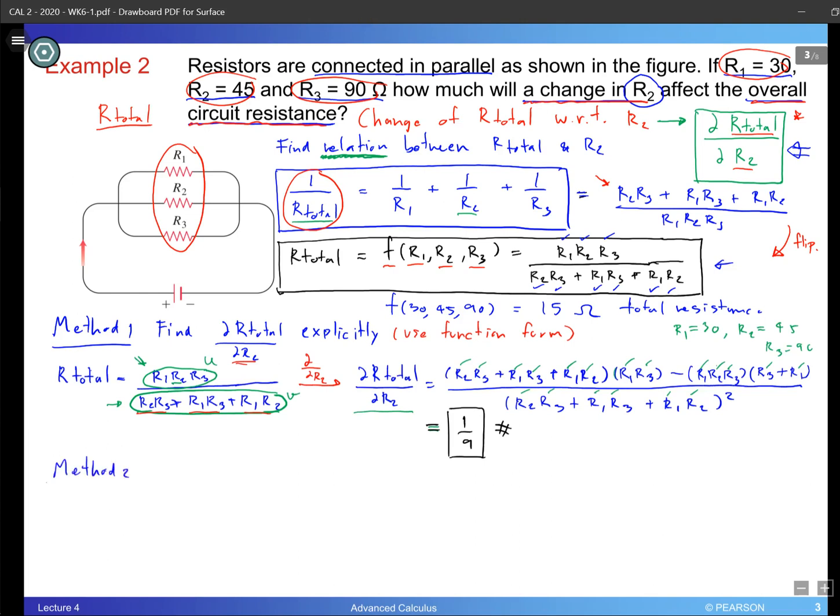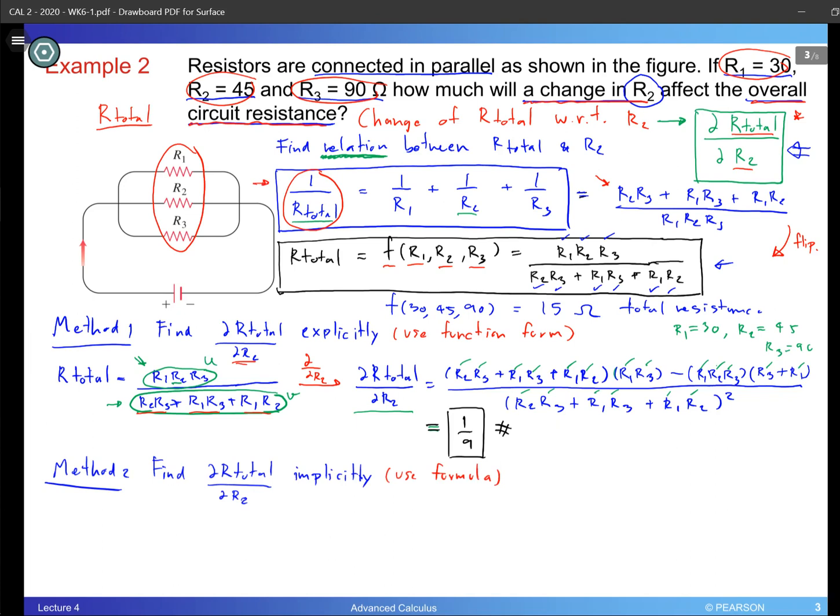Alright, method 2, we are going to find this same value, dR total by dR2, but we are going to find it implicitly. How is that going to work? We are going to use the formula instead, which is going to be this one instead of the function form.